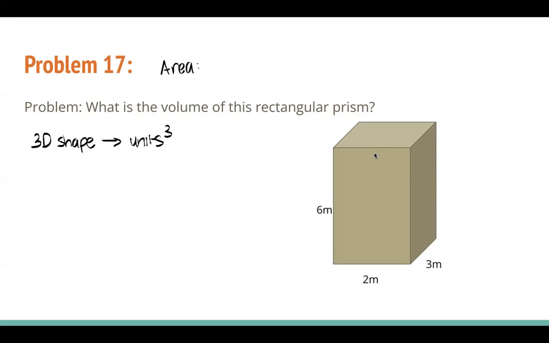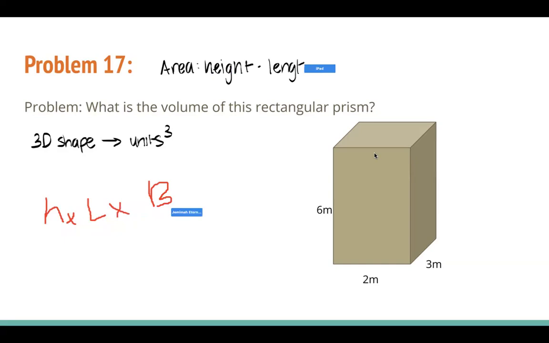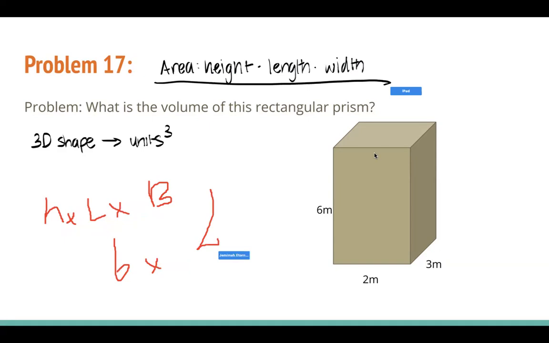Please, it goes like this. The volume of a rectangular prism is simple. You do your height times length times breadth, which is 6 times 2 times 3. 6 times 2 will give you 12.